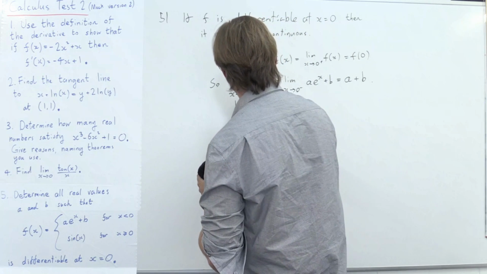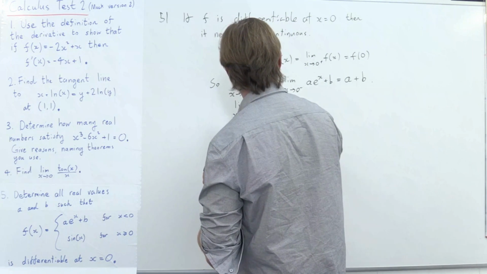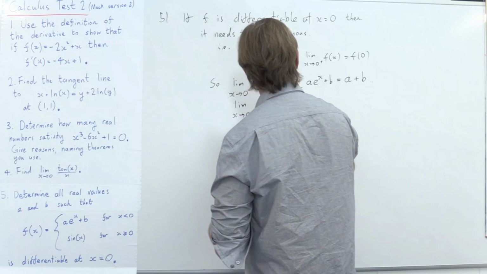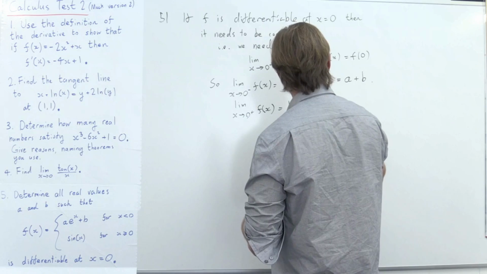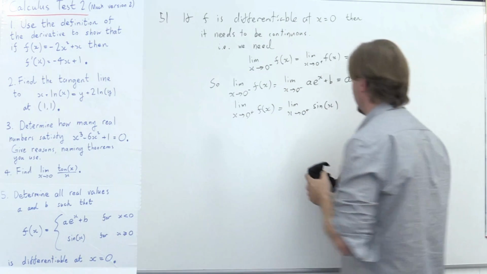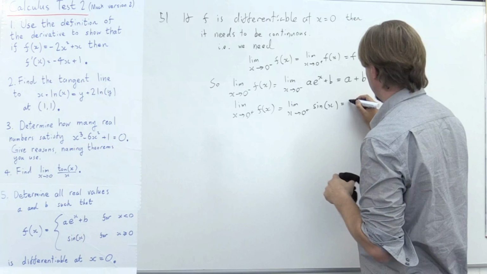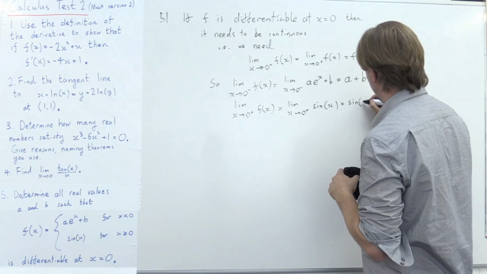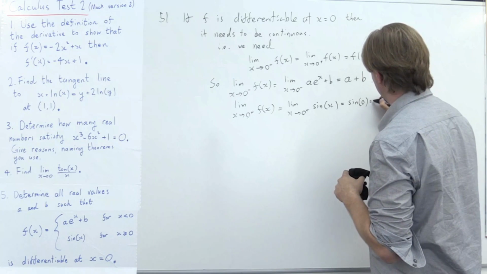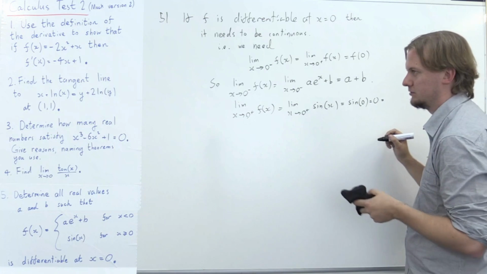And the limit as x approaches 0 from above of f of x is the limit of just sine x. Well, we know this. This is just the sine of 0, and the sine of 0 is 0. And that's also what happens if you just plug it into the definition.